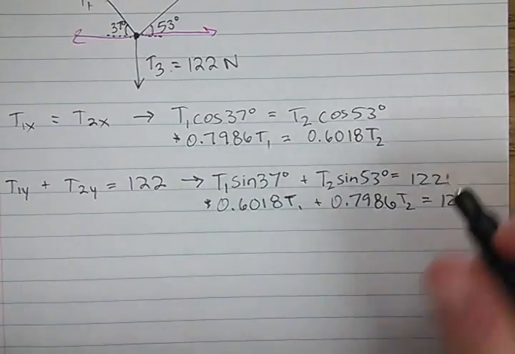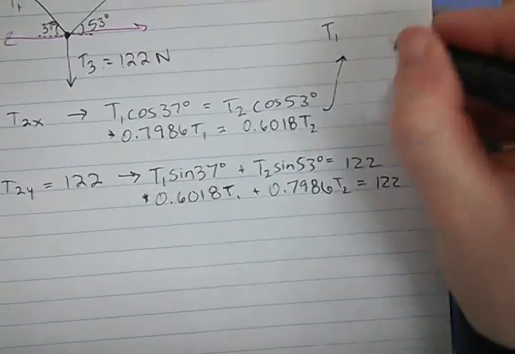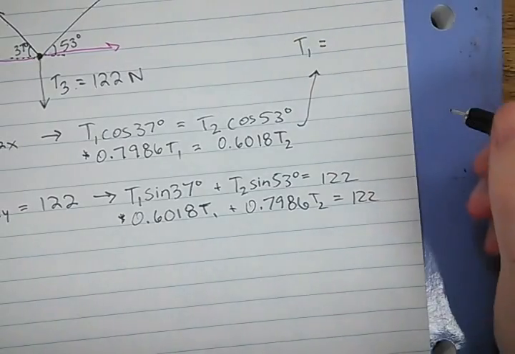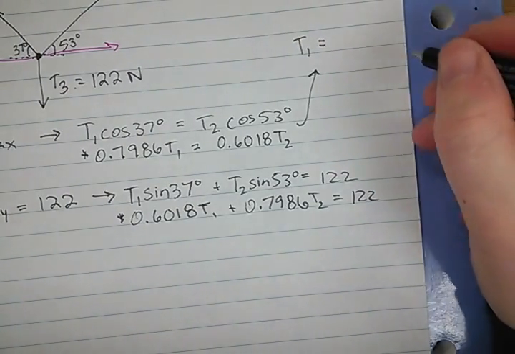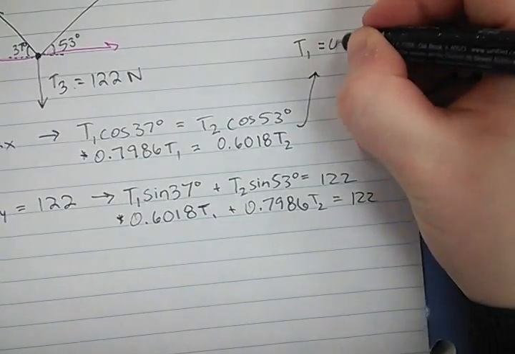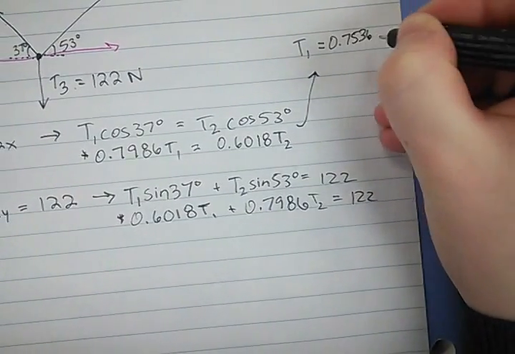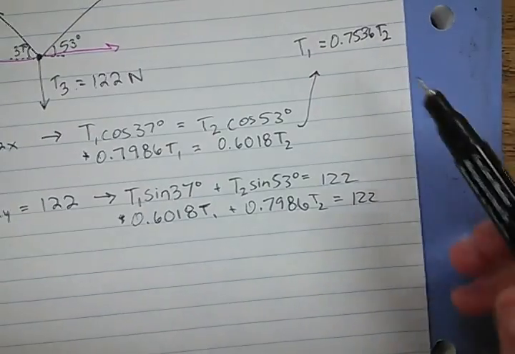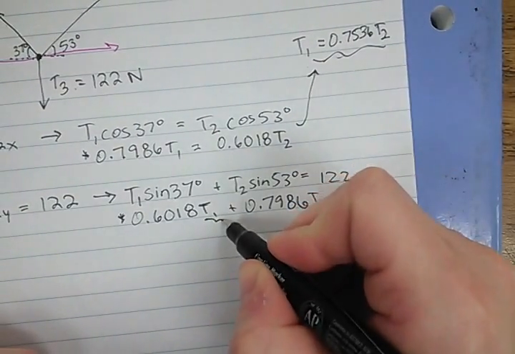If I solve this equation for T1, you get that T1 is equal to 0.7536 T2. Again, I'm going to plug this into here.